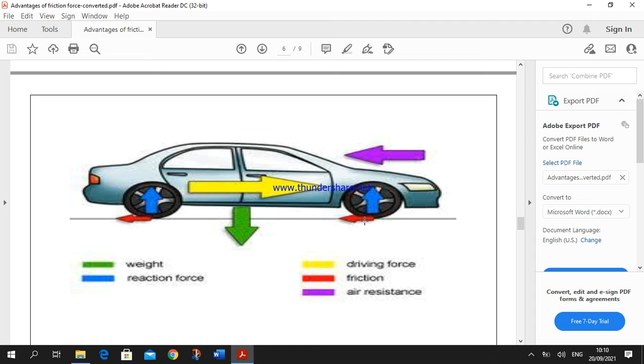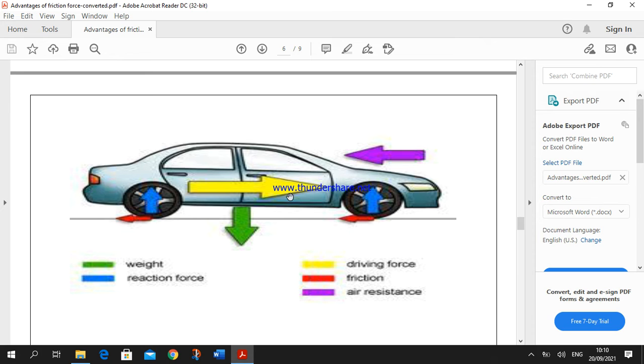And we have two forces against motion. The first one, the red arrow, refers to the friction force between the car tires and the road, and it acts in the opposite direction of the motion. Also, we have a purple arrow. The purple arrow refers to the air resistance that faces the car body during motion in the air, and the air resistance also acts in the opposite direction of the motion.